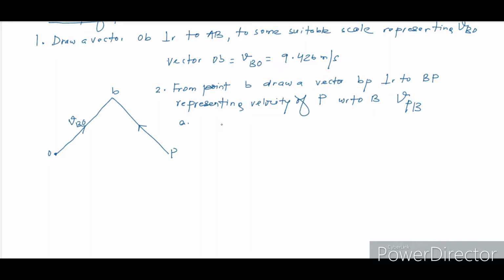And from point O draw line OP. Okay, OP representing the velocity of point P, or you can say velocity of point A. Both are same.